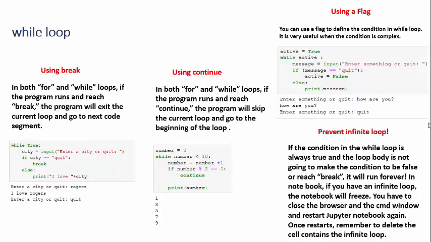Try to prevent any infinite loop: look at your code and try to prevent it. But once you have an infinite loop, it's not going to stop and your notebook will freeze, so remember to close the browser window and restart your Jupyter notebook. That's one of the precautions, since you may have some infinite loops while you write Python code.